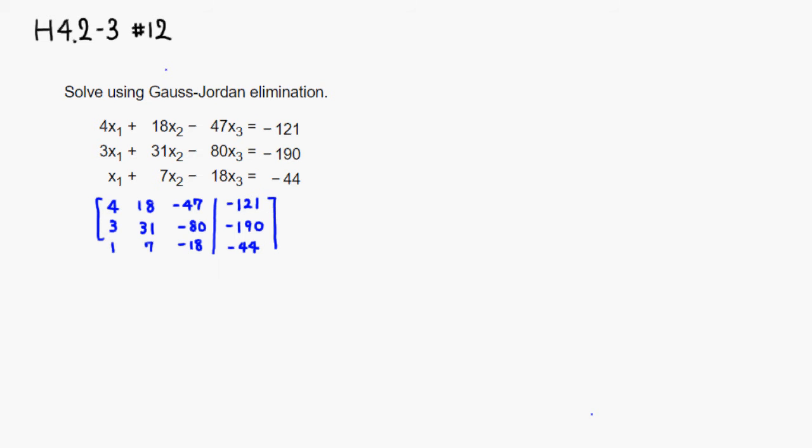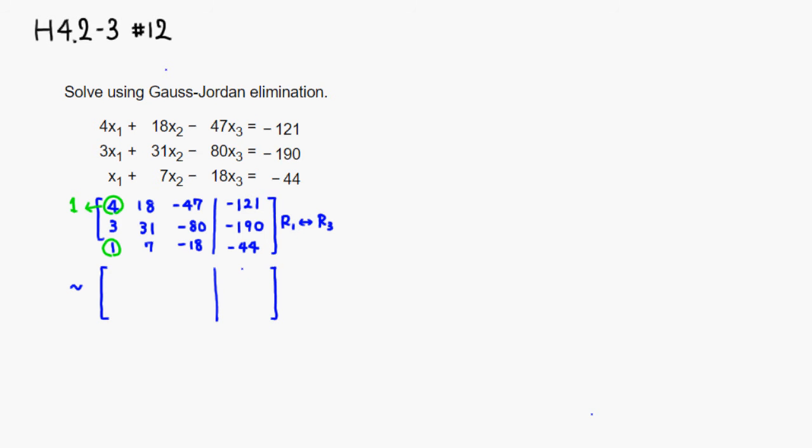First we would like to have a 1 here. The easiest way to do that, since there's a 1 sitting right here, is switching rows. I'm going to switch row 1 and row 3. Then you end up getting an equivalent matrix, which is just the switching of rows.